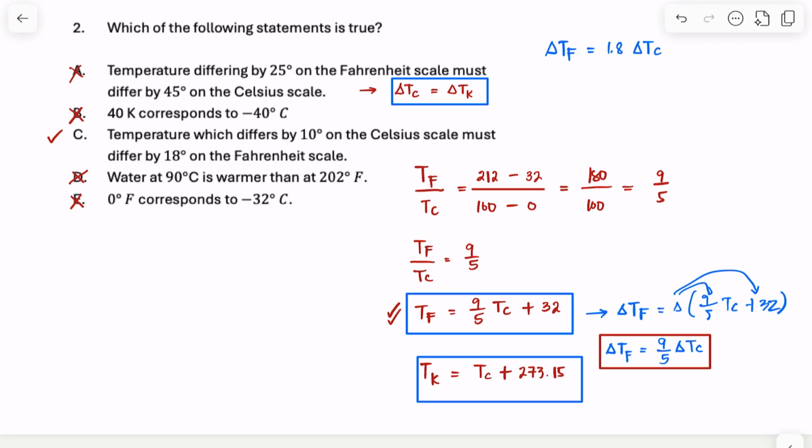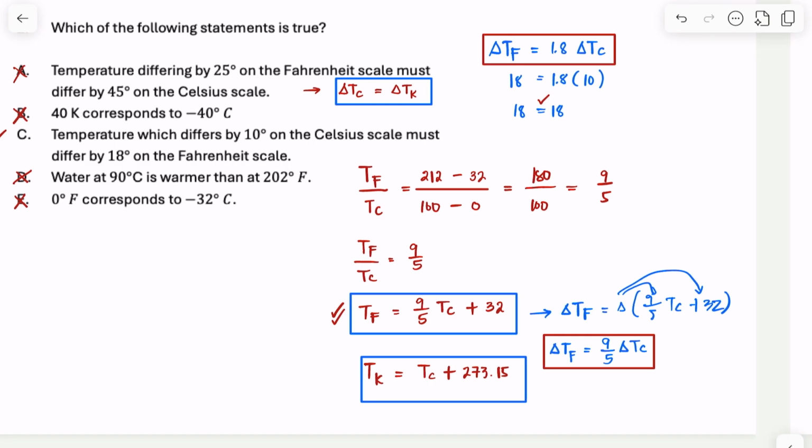Now, it says here that a temperature difference of 10 degrees Celsius, so 1.8 times ΔTC, where ΔTC is 10, must differ by 18 on the Fahrenheit scale. So ΔTF also must be 18. Now, clearly, that is a correct statement as it satisfies this equation over here. So the answer is truly C.